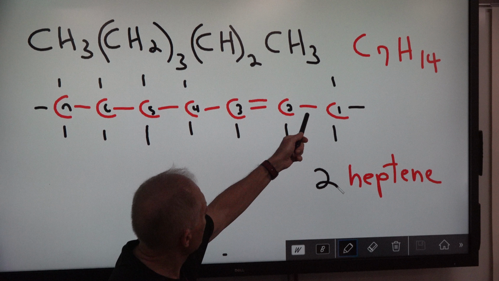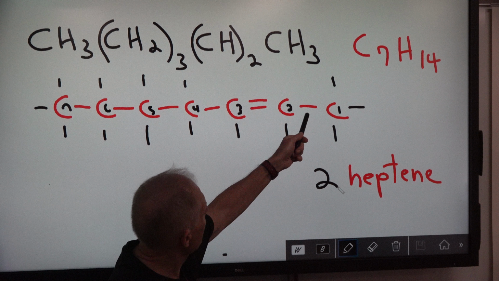Now the next thing you do to draw this is to draw all the carbons in a row. And since we already know that there's 7, we do that. Now we just have to put in the H's. And I'm going to put in the H's for this one.